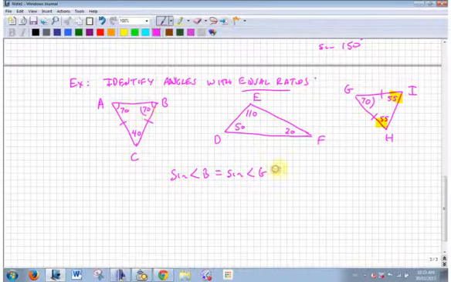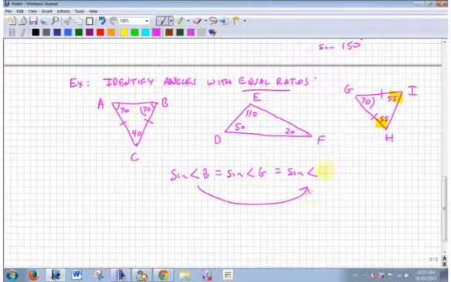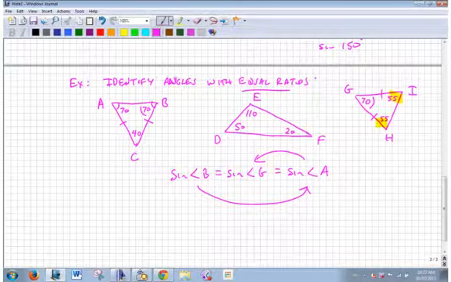Yeah. So I think the book will go sine of B is equal to angle G, and the sine of B is equal to angle A, and the sine of A is equal to angle G. Okay, but why write that out 3 times? If they're all equal, let them all be equal. Make sense? Okay, so your answer might look a little better than the book. I don't know. They just write too much stuff, I think.